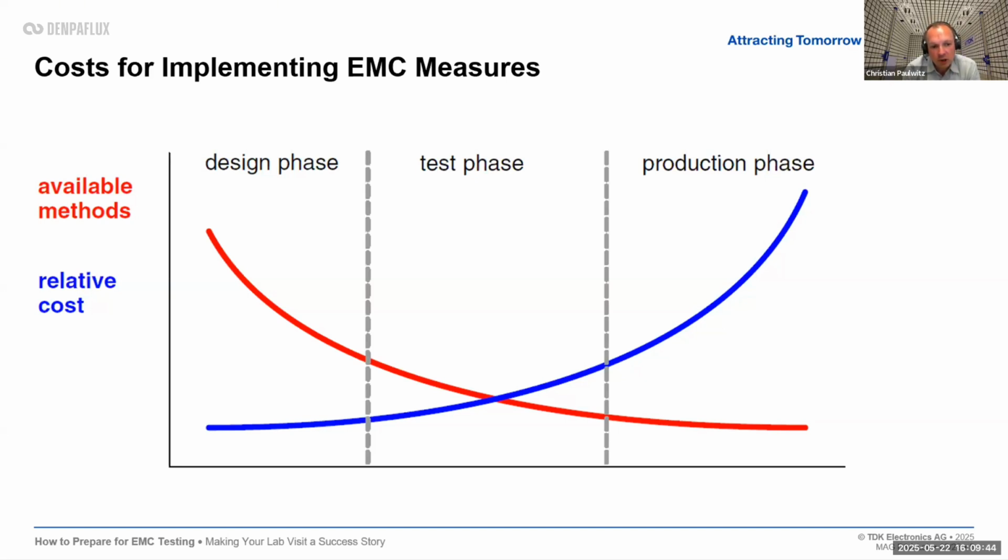When you need to make changes because you come across problems in EMC testing during the project time, it gets more and more costly to do any changes again.